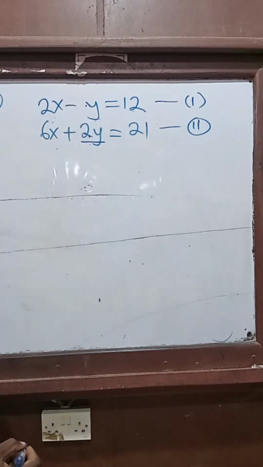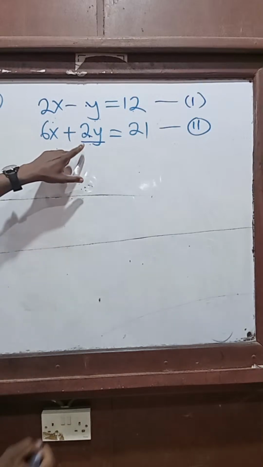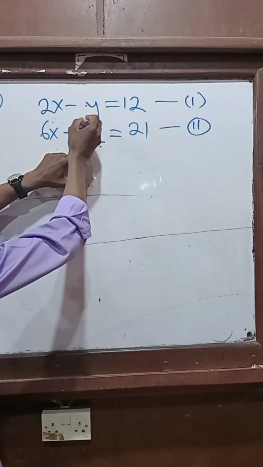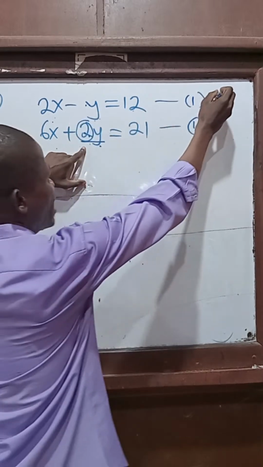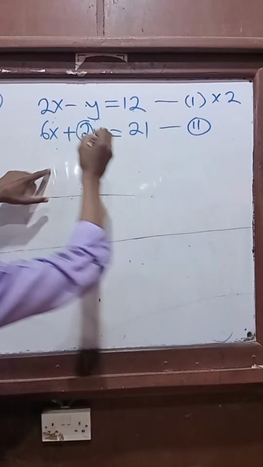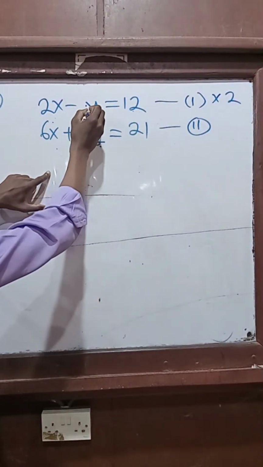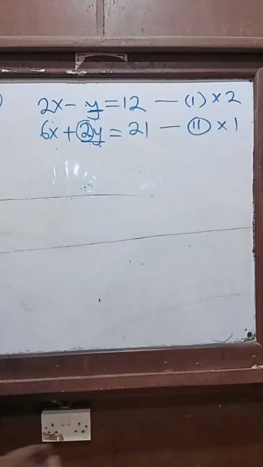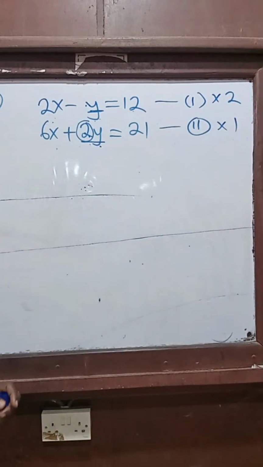The coefficient of y in equation 2 is 2, so I'm going to multiply equation 1 by 2. The coefficient of y in the first equation is 1, so this one is times 1.